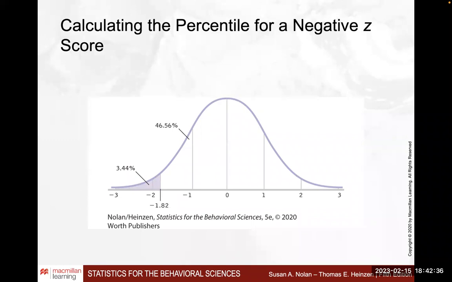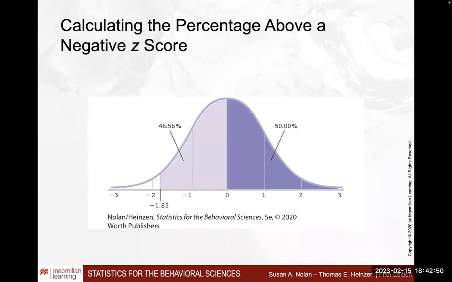So 3.44% of the population that we have compared Manuel to will be smaller than Manuel. That essentially means, in the inverse, that 100 minus 3.44, that's 96.56, will be taller than Manuel.